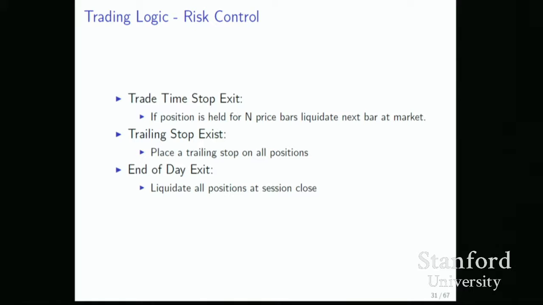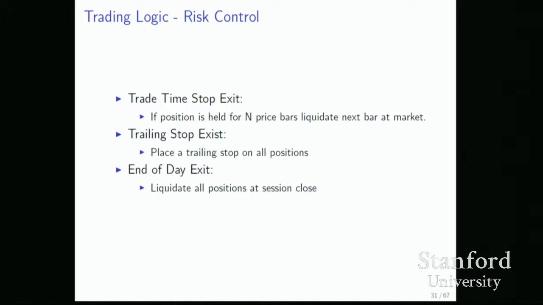And trading logic is that if the position is held for n price bars, liquidate at next bar. N bars means that this is sort of getting out of the exit strategies that we have used. So if it has stayed on for quite some time, possibly we made enough money so we can get out of this. Okay. Trailing stop, exit, place a trailing stop on all positions.